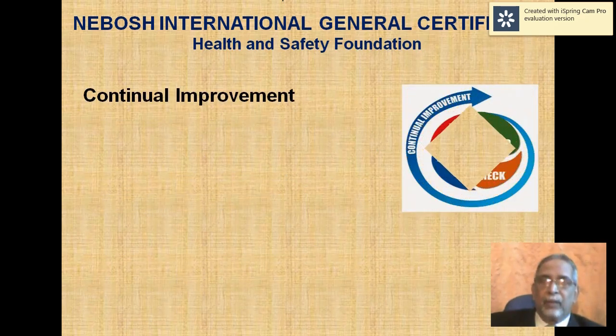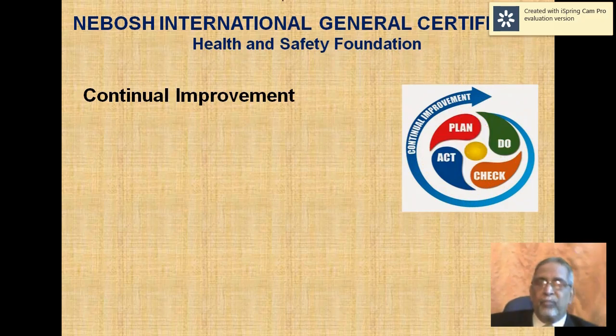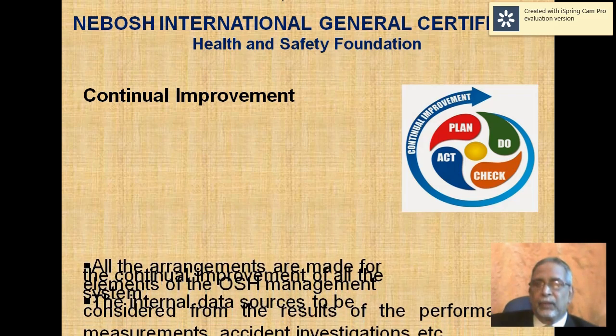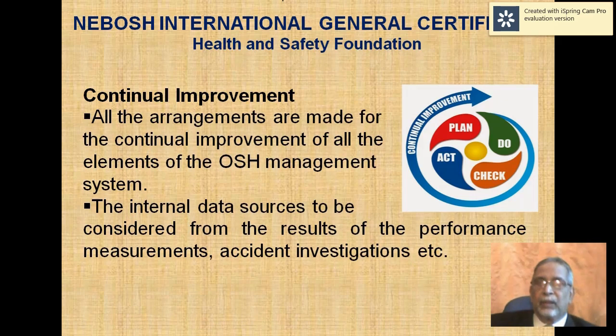Continual improvement. You can see here, first we have to plan it. After planning, we have to do it. Then after we have done it as per the planning, we should check that the plan is a perfect plan. Then finally you act as per this plan. This is the system of continual improvement.